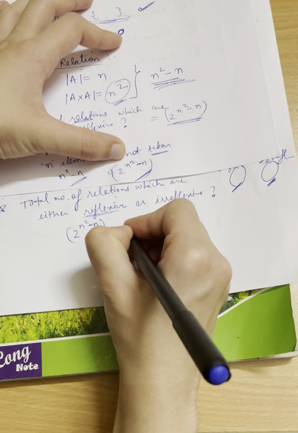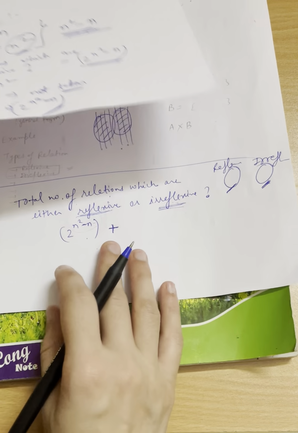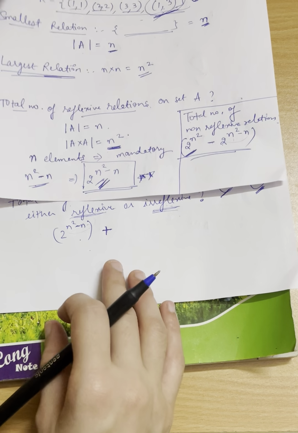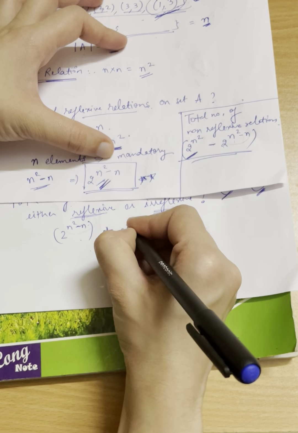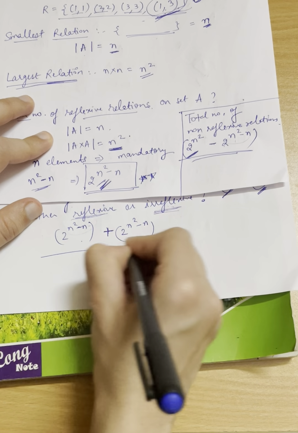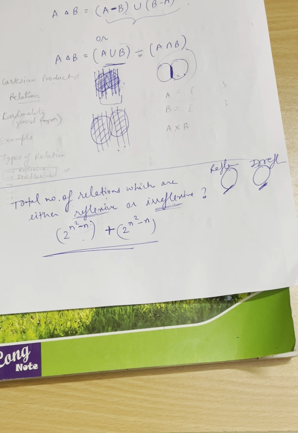So this one plus, because there is nothing common between reflexive and irreflexive relations, this is also 2 power n square minus n. This is for reflexive relations. So these are the total number of relations which are either reflexive or irreflexive.